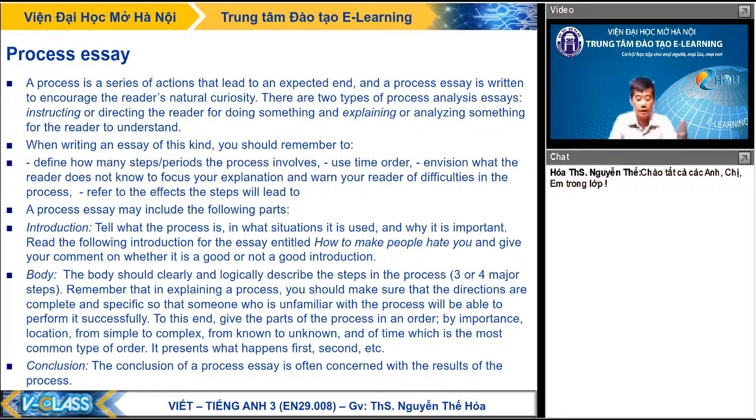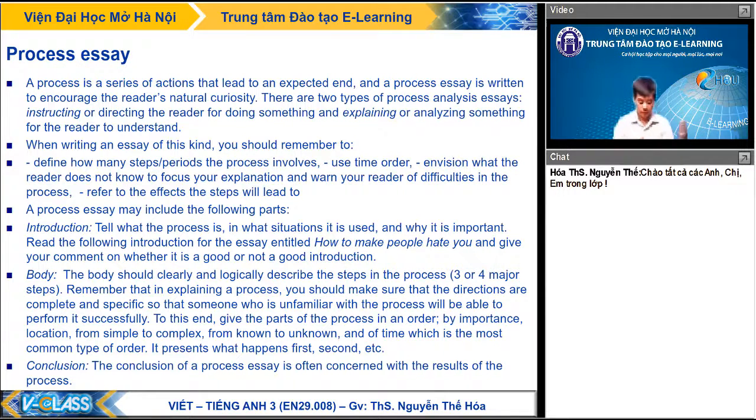To this end, give the parts of the process in an order by importance, location, from simple to complex, from known to unknown, or by time, which is the most important order. It presents what happened first and second. So you should be careful of this.